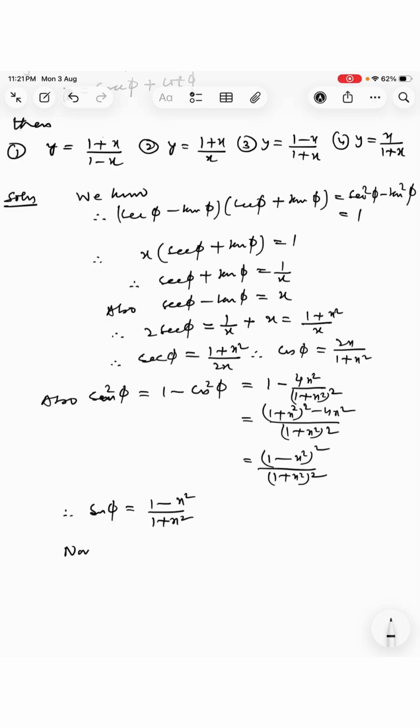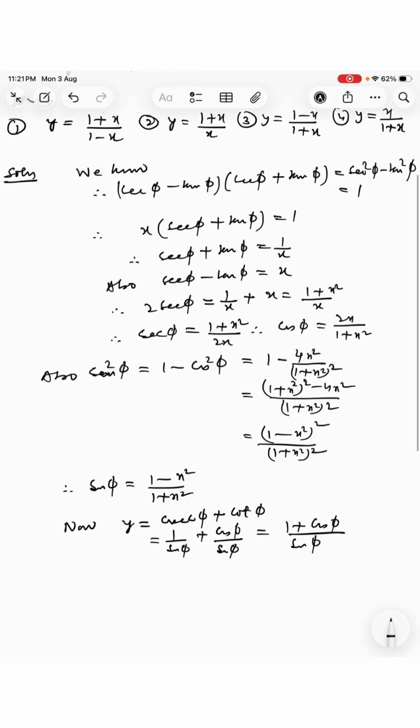Now, since y is equal to cosecant phi plus cot phi, this is 1 by sin phi plus cos phi by sin phi. Therefore, this is 1 plus cos phi by sin phi.